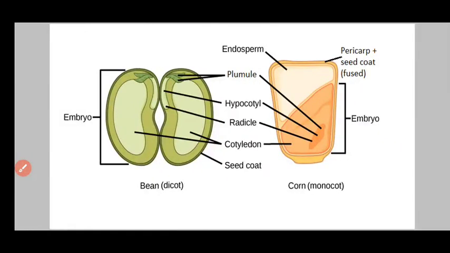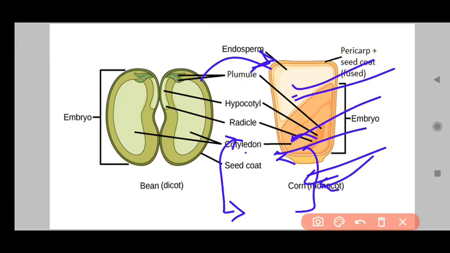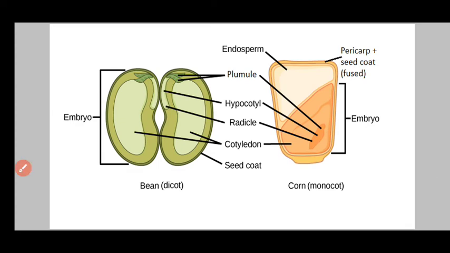You first have to know what the differences are between monocot seeds and dicot seeds. In this picture you can see the presence of cotyledons.